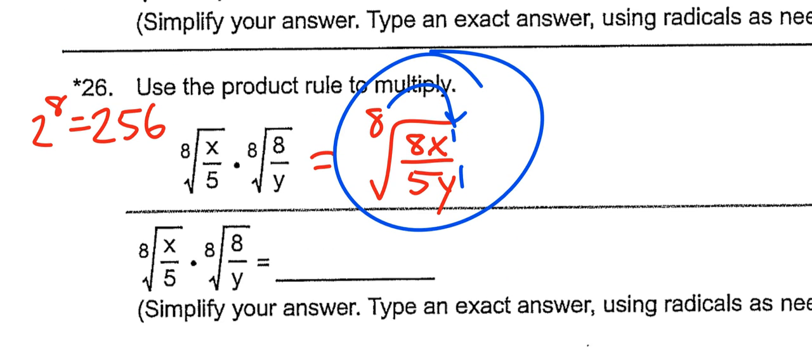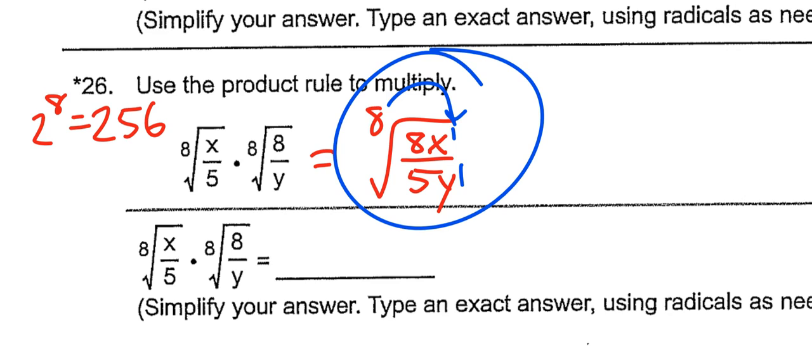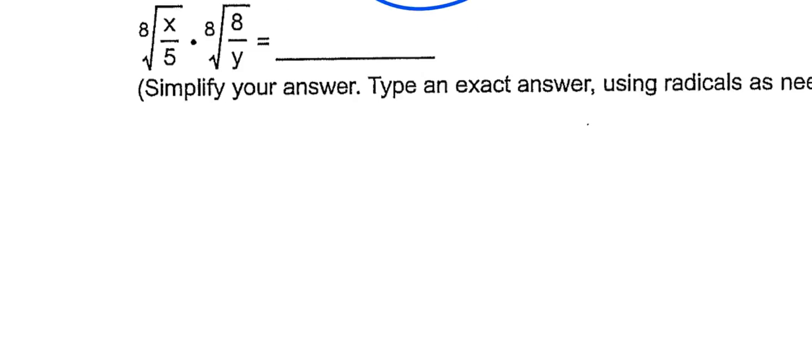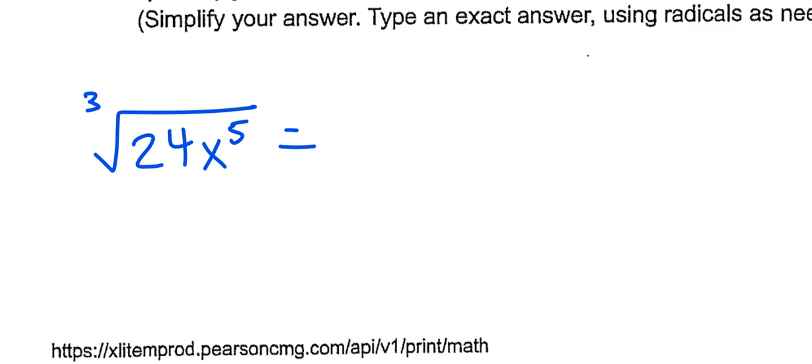Okay, any questions on that? I got 2 more questions here on this, and then we'll move to 7-2. I want you to simplify this: the cube root of 24x to the 5th.